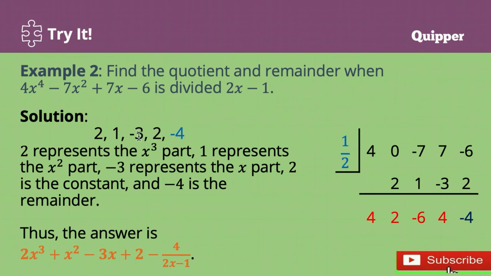Now, combining these numerical coefficients with our variable x with their corresponding exponents, we have this final answer: 2x cubed plus x squared minus 3x plus 2 minus the remainder, which is 4, over the divisor, 2x minus 1.